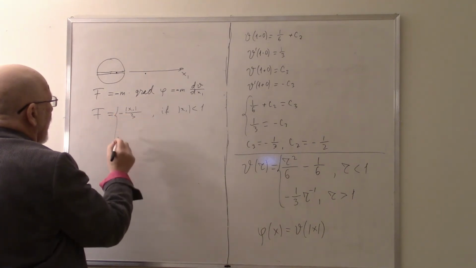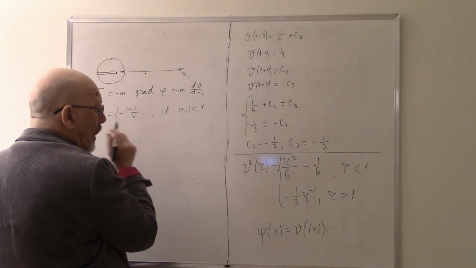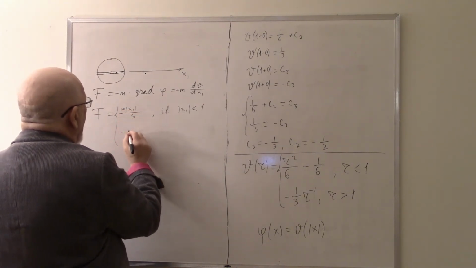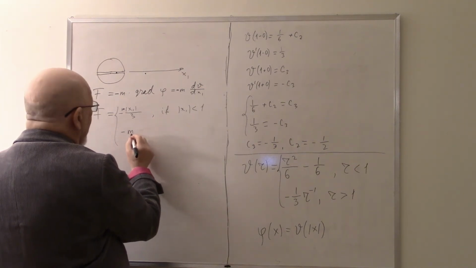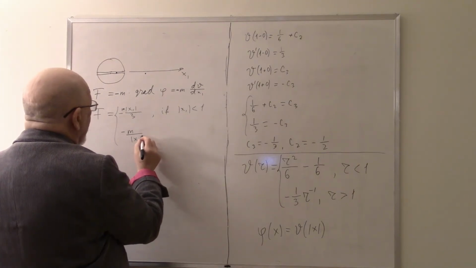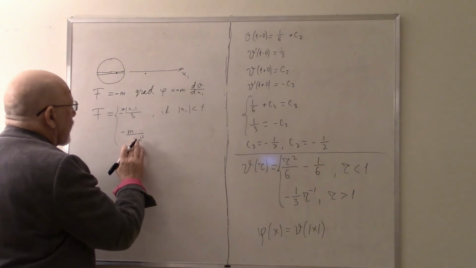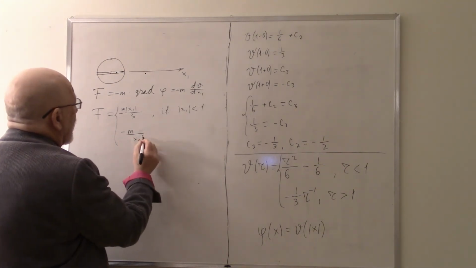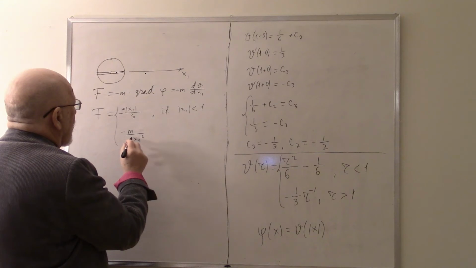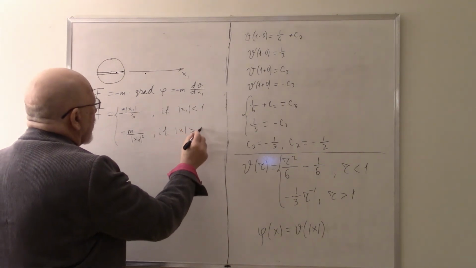And it is equal to minus m divided by x1 squared, I'm sorry, like this, if modulus x1 is more than 1.